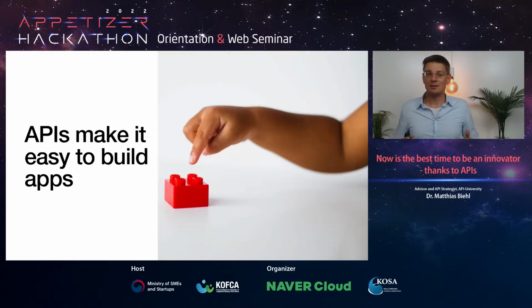APIs make it very easy to build applications, just like small kids can put together Lego building blocks, right? In just such a way, now we are able to leverage the building blocks, the APIs that are created by industry, and we can put them together, create new creative things.